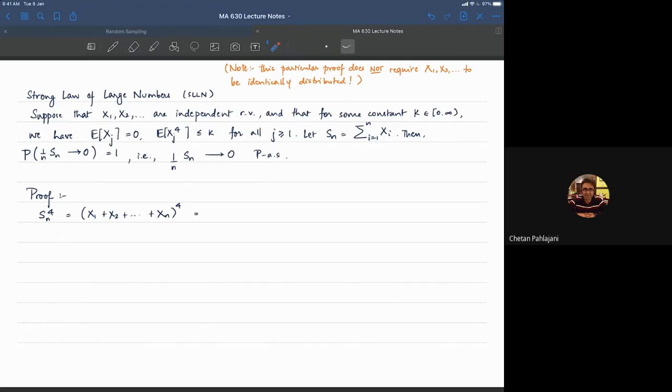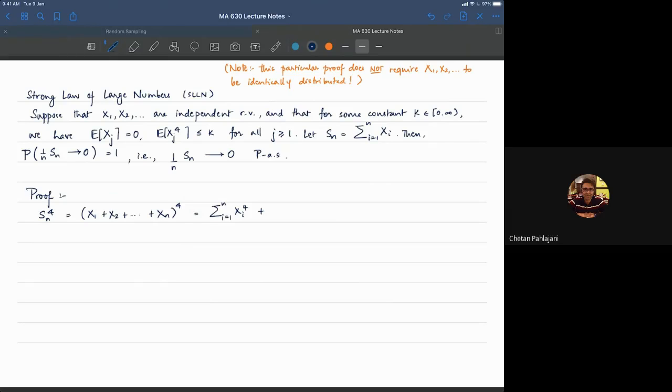But you know what's going to happen. I think you will all agree with me that I'm going to get x1 to the 4 plus x2 to the 4 plus dot dot dot up to xn to the 4. Those are not the only terms, but those will definitely be there. So we'll definitely get the sum, i going from 1 through n, of xi to the 4. But again, there will be other terms also.